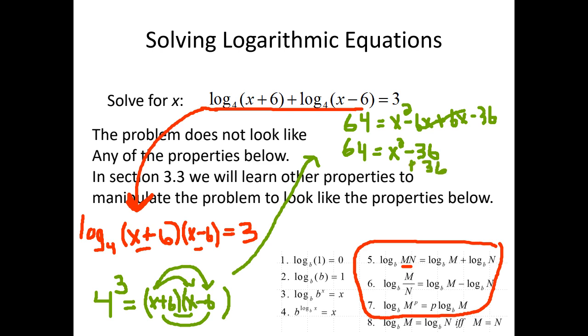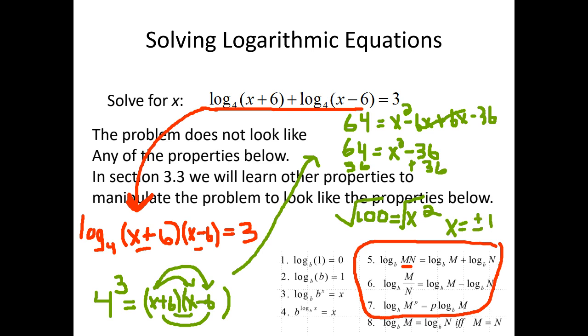And so we get x squared is equal to 100. Okay. So now that I have x squared equals 100, how do I solve for that? So we take the square root and we end up with x is equal to plus or minus 10.